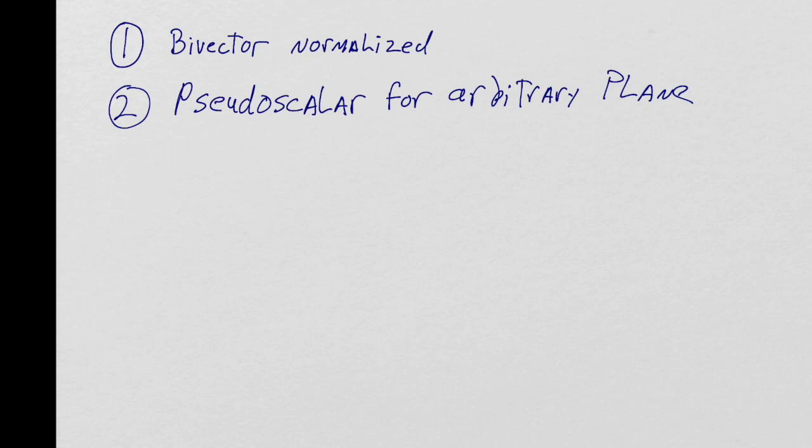So we're going to take our geometric algebra, which is three-dimensional, four-dimensional, 10-dimensional, and understand that we have arbitrary planes in there. And each plane can be given its own pseudoscalar, and that pseudoscalar will be very critical for us understanding how to rotate, to define rotations.